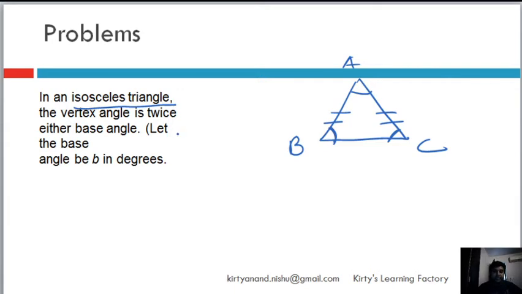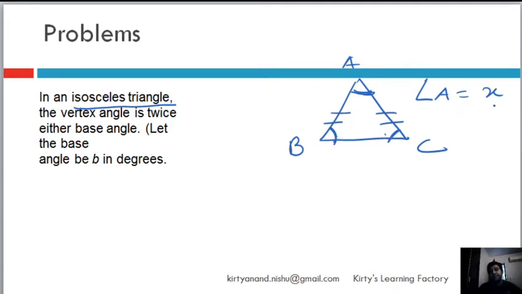So let's see what does it say. In an isosceles triangle, the vertex angle, let's say the vertex angle A is equal to x, okay, is twice either base angle. Okay, so it says that this angle is 2 times of this angle or this angle, which is right because these two angles are equal, है ना?